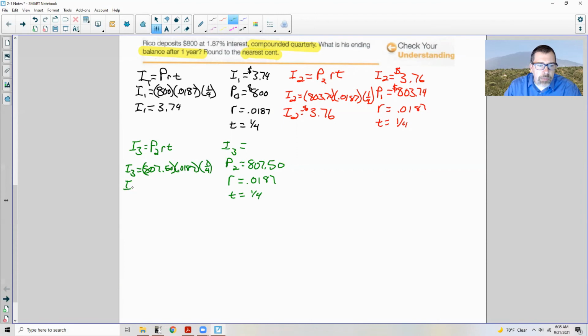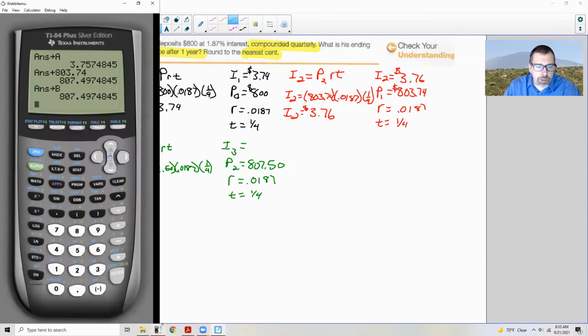So my I sub 3, interest from the third quarter, is going to be this, which is my P sub 2, times 0.0187 parentheses 1 divided by 4. All right, and that gives me 3.775, or approximately 3.78.